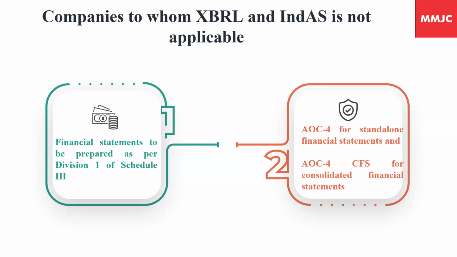One point to be noted is that AOC 4 for CFS asks for the approved SRN of the Form AOC 4 filed for standalone financial statements. Therefore, the reporting company must take care that it first files the standalone financial statements, and after the approval of Form AOC 4 by the MCA through STP method, it should file consolidated financial statements in Form AOC 4 for CFS.